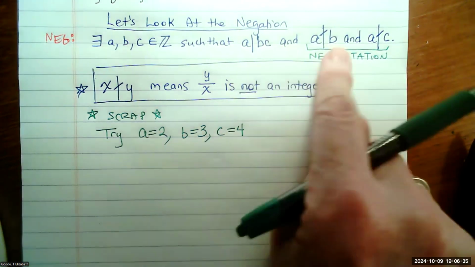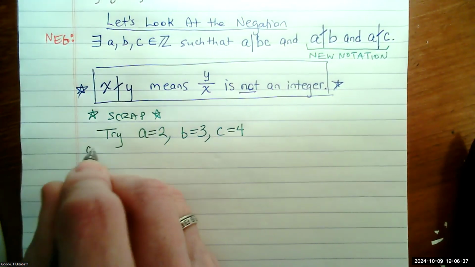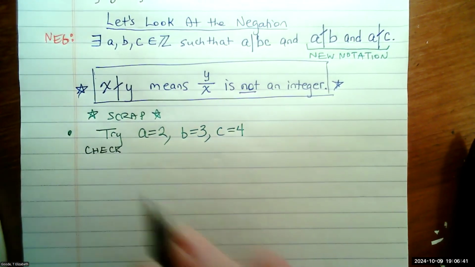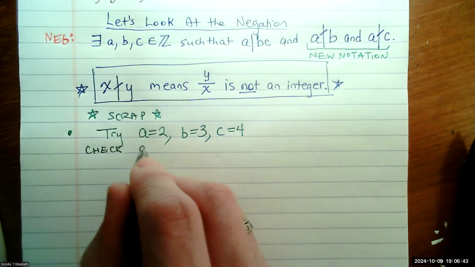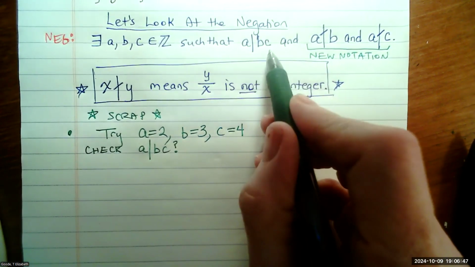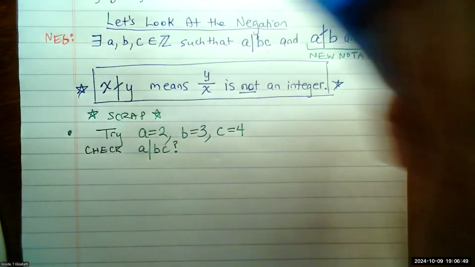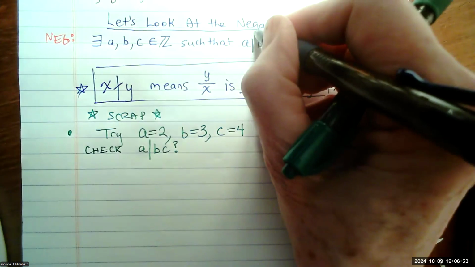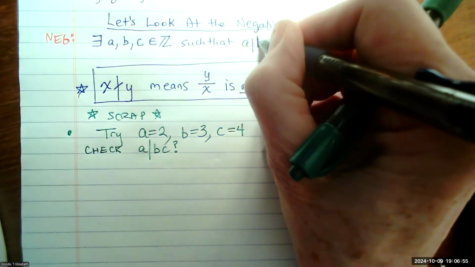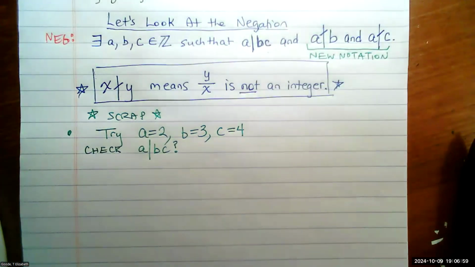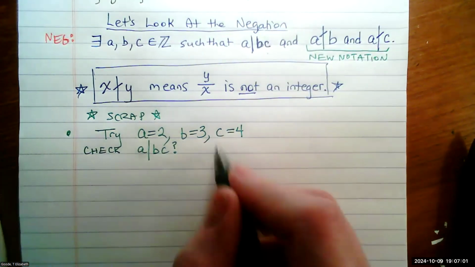We have to check 3 things. We're going to check, does A divide BC? Because A has to divide B times C. Well, let's see.